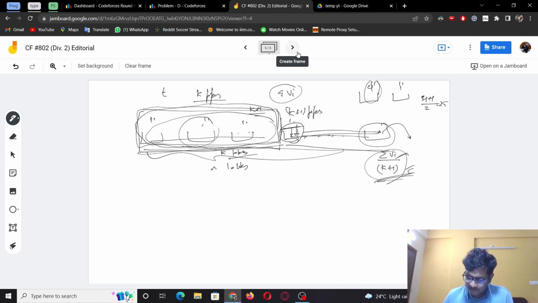So what we effectively need is, say we specify by t(k+1) the time taken to fill the whole thing if you have k plus 1 pipes. So this will be the maximum of the time to fill all these and this time. So we can write this time as sigma vi by k plus 1, and let's denote this time by something like tt of k.